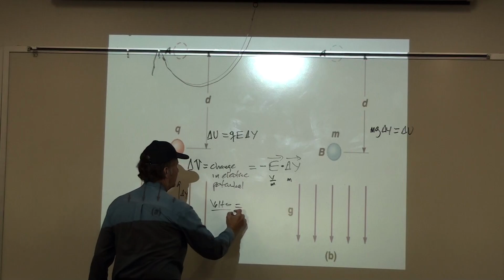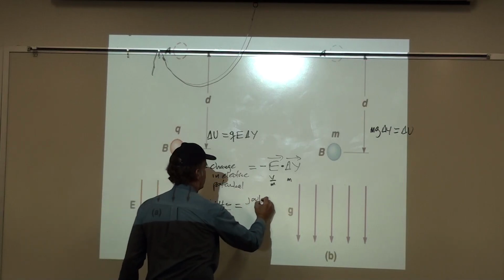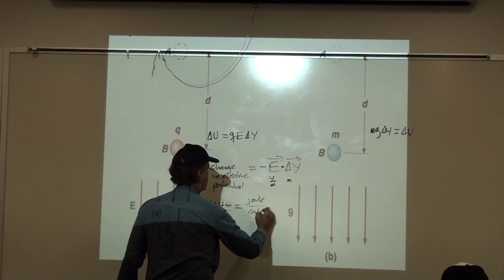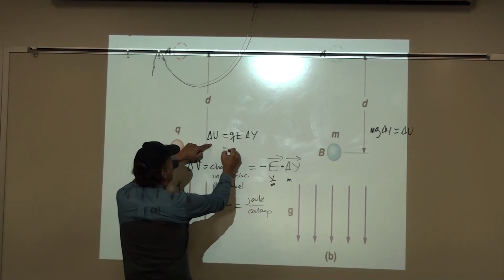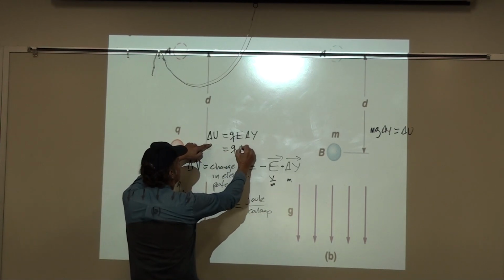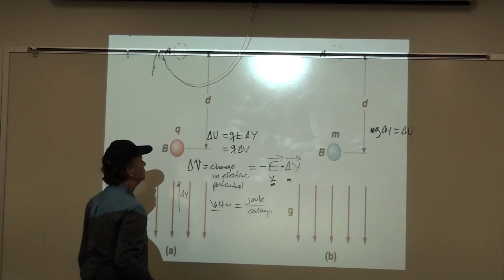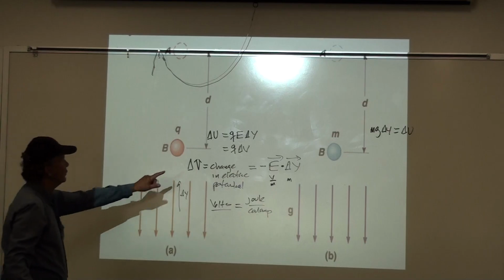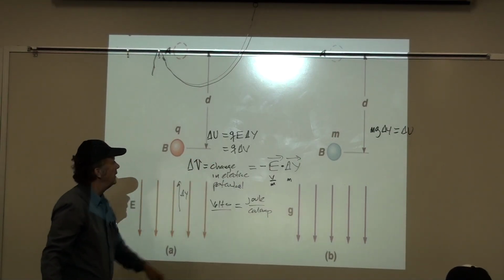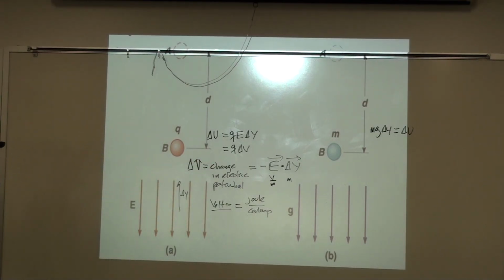But that's also equal to a joule per coulomb, because we see here that delta U is equal to Q times delta V. And so if we move a charge through a voltage, then that charge experiences a change in potential energy.